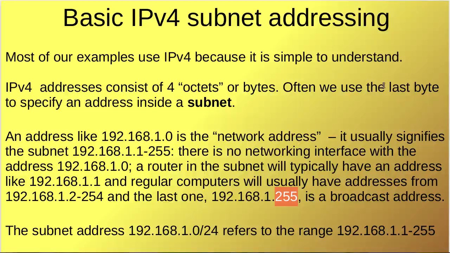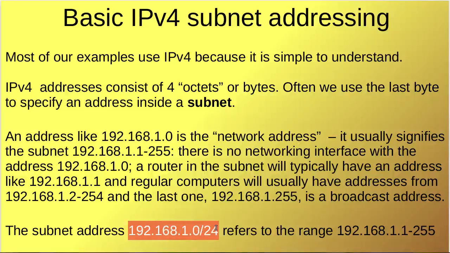So if you have just the last byte, that is the last 8 bits out of the 32, used for host addresses, then the remaining 24 bits will be used for the network address. A common way to denote these networks, rather than using subnet masks, is to write this as 192.168.1.0/24.